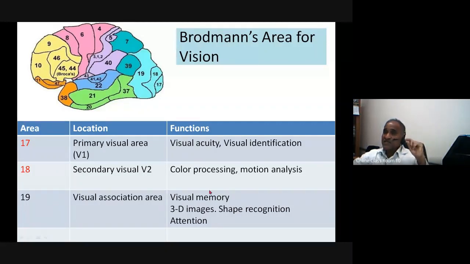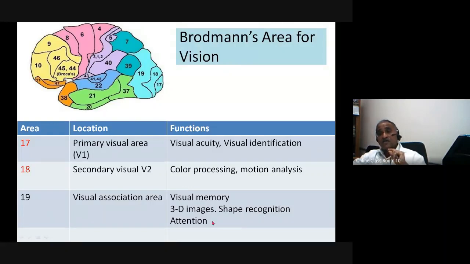Number 19 is the association area, and this associates with the auditory, the somatosensory, and the limbic system. It is also a storehouse for visual memory, it analyzes 3D images, and it does shape recognition.